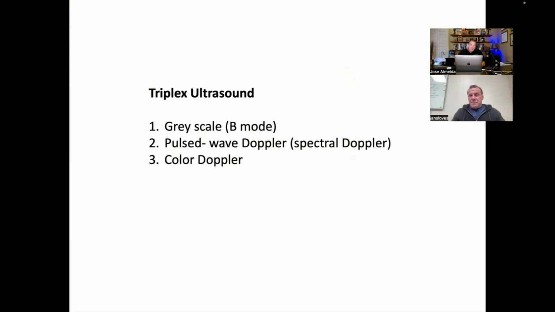So that's a general overview of what triplex ultrasound or color flow duplex ultrasound is, and in my mind, that's what really revolutionized this venous field. Yes, we've got great endovenous devices, but it wasn't until we could actually look inside the leg with ultrasound that we started to really understand what was going on here.